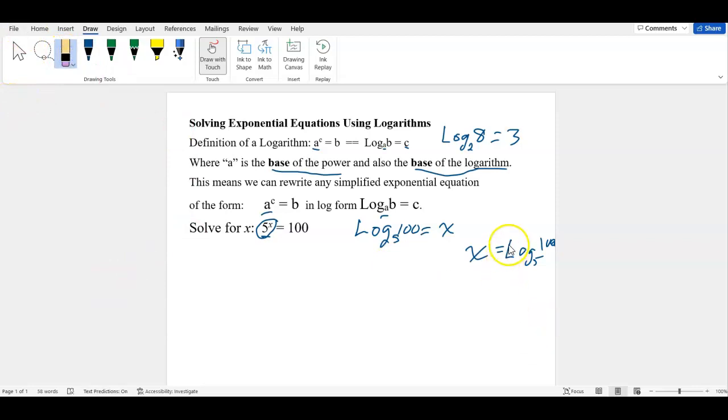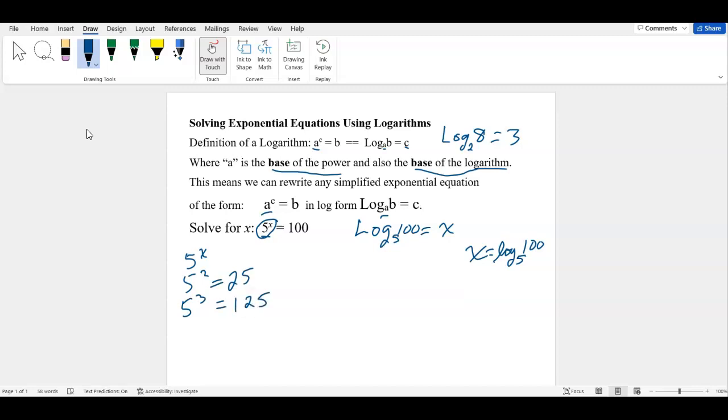That expression, log base 5 of 100, is hard to really interpret directly. So what is log base 5 of 100 equal to? Well, we could go back to the original equation and ask, 5 to what power is equal to 100? 5 to the second power is equal to 25, and 5 to the third power is equal to 125.